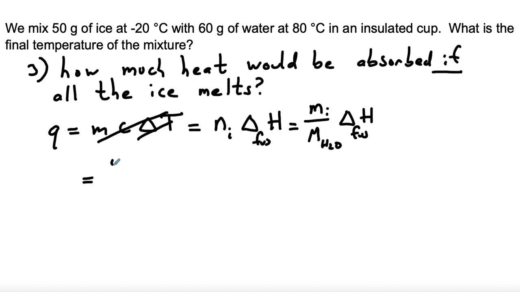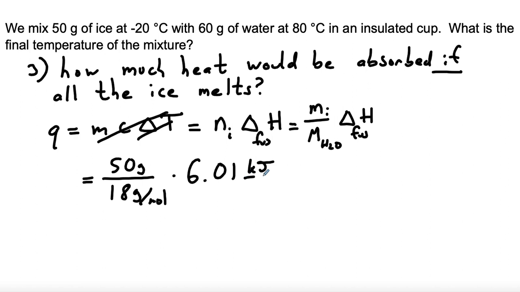So we've got 50 grams of ice, and we've got a molar mass of 18 grams per mole. So we can see that's going to cancel and gives us units of moles. We multiply by the heat of fusion of ice, 6.01 kilojoules per mole, 16.7 kilojoules.